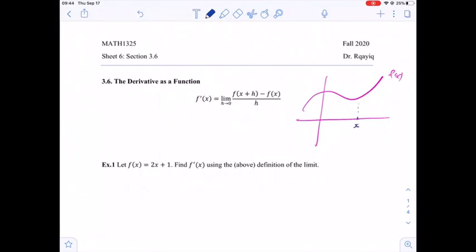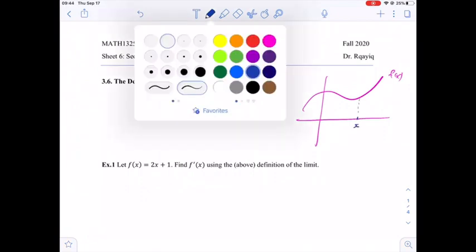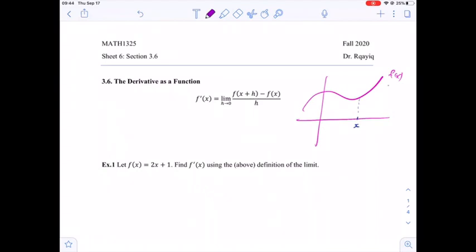So we want to find the slope of the tangent line. The tangent line looks like this. This is the tangent line at the point x. It touches the curve of the function f of x at the point x.